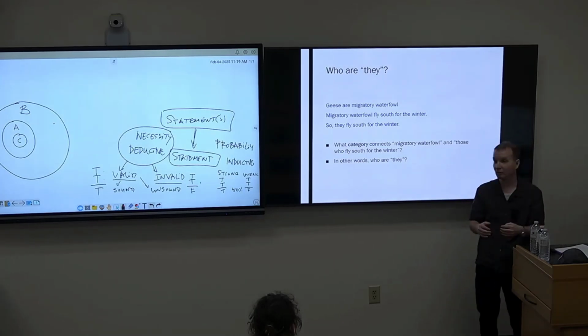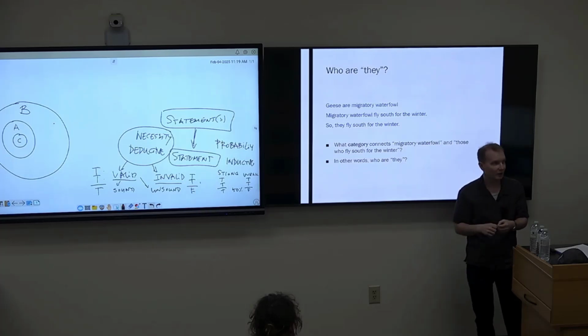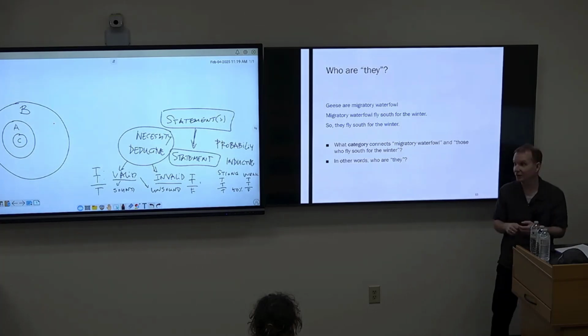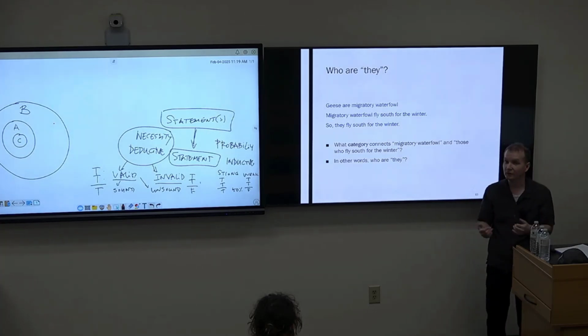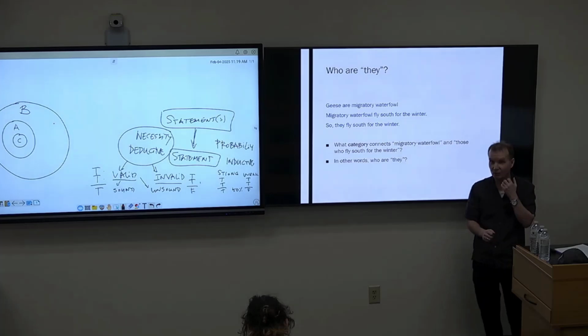What are they both? We want to make clear that this is the same category. What are geese? Birds. And migratory waterfowl in this case are also birds. So if you want to be more specific and clear about what you're talking about, you should say that they are birds which fly south for the winter. Also, it is not great to say "they," because who's "they"?